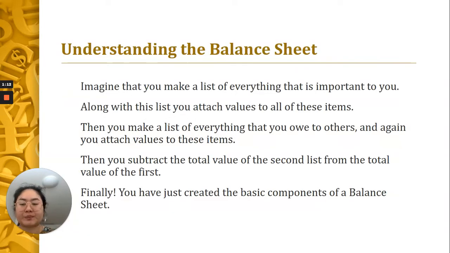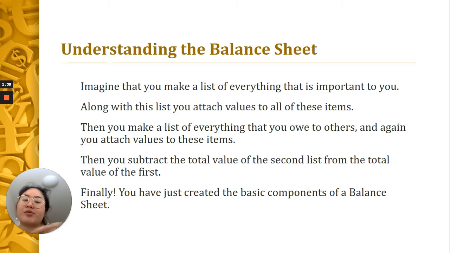To understand the balance sheet, imagine that you make a list of everything that is very important to you, and along with this list you attach the value of all of these items. Then you make a list of everything that you owe to others, and again you attach a value to each item.